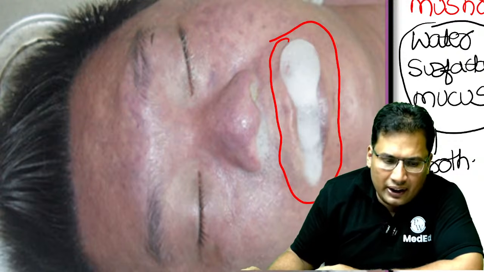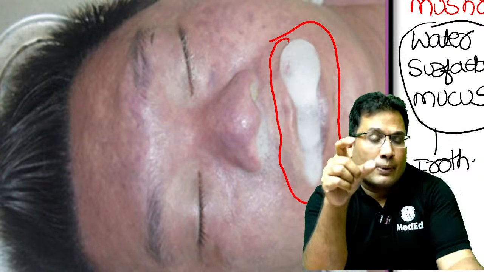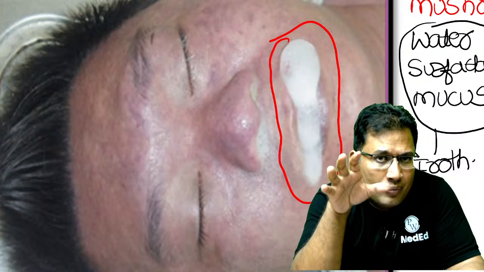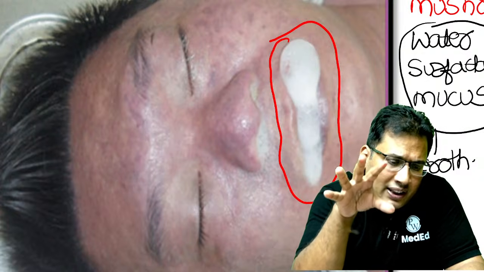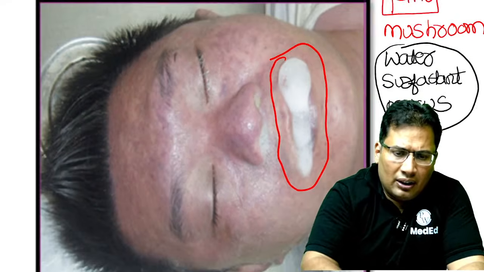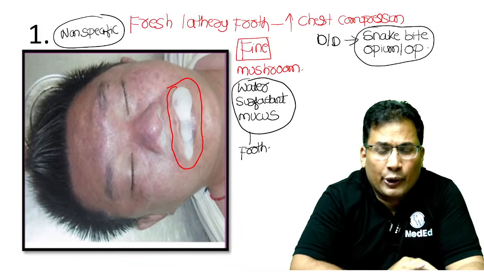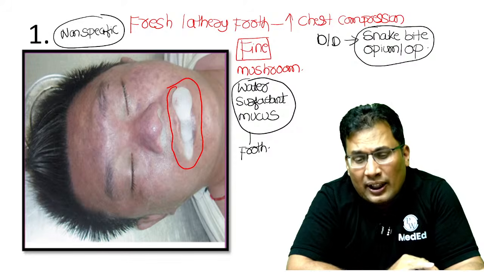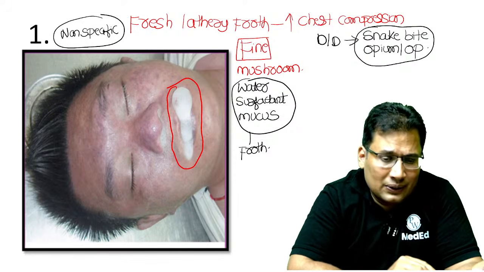The finding here is postmortem hypostasis. So the postmortem hypostasis is there over the face. So that is one finding. And here you can see some aquatic animal bite. So they are postmortem artifacts.